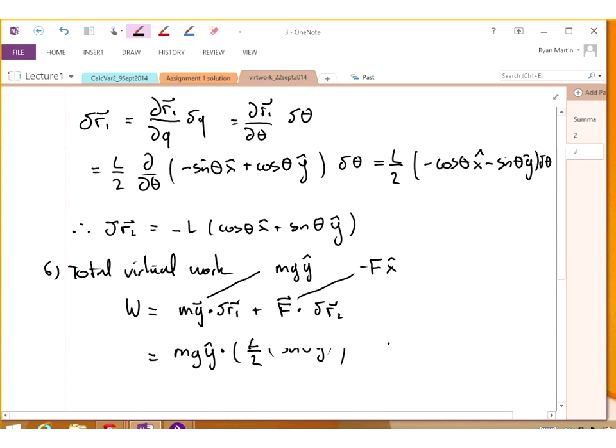The second term was minus F x hat dotted with L sine theta y hat.